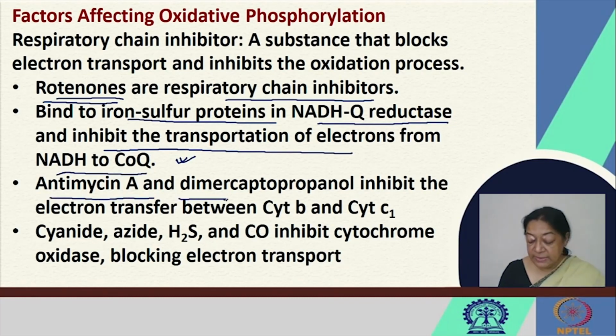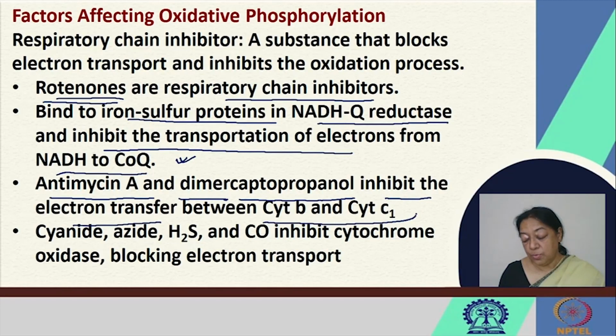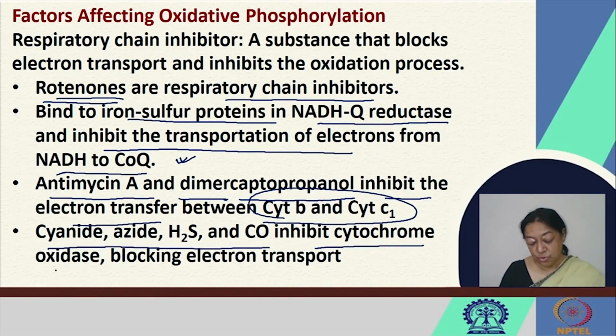Antimycin A and dimercaptopropanol can inhibit the electron transfer between cytochrome B and cytochrome C1. So this will in turn affect complex 3 and complex 4. And then we can also have other small molecules that inhibit cytochrome oxidase, thus blocking electron transport.